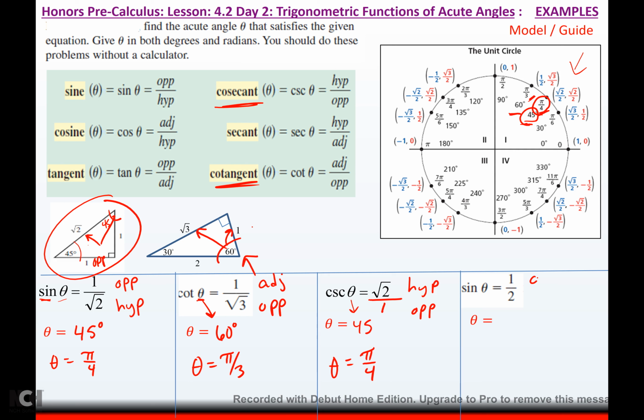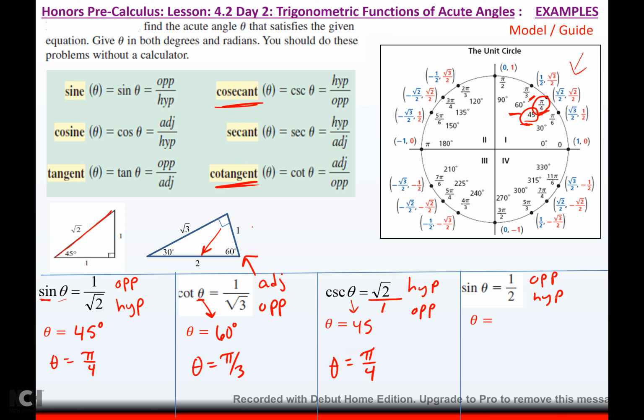Okay, sine again is opposite over hypotenuse. So this one, I'm looking for a hypotenuse of 2. Well, I don't have a hypotenuse of 2 over here. All of my hypotenuses, oh no, this one is a hypotenuse. There's my hypotenuse of 2. Okay.